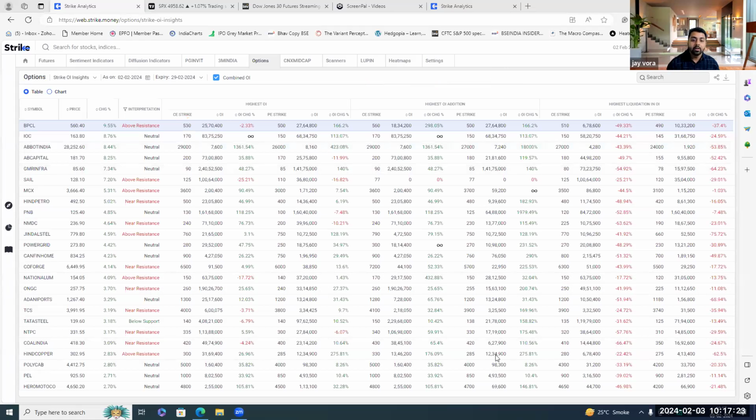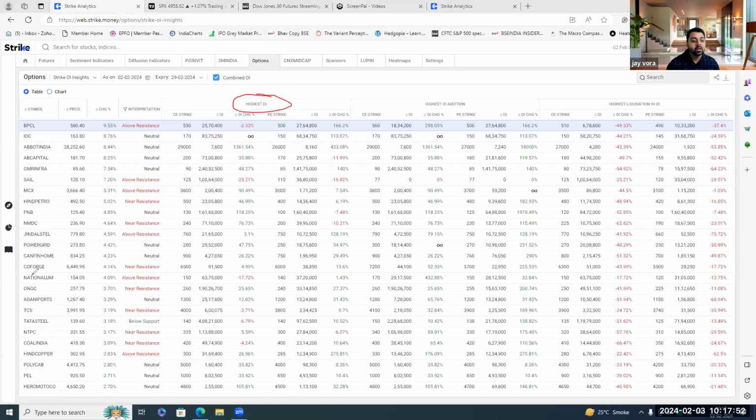Similarly, if the put buyer expects the prices to go down, the put seller will say that the prices won't go down below a specific level. If that is clear, then you will understand why highest open interest is important.